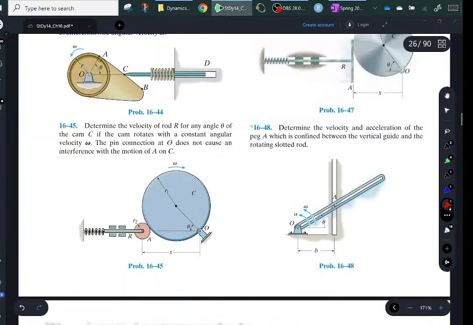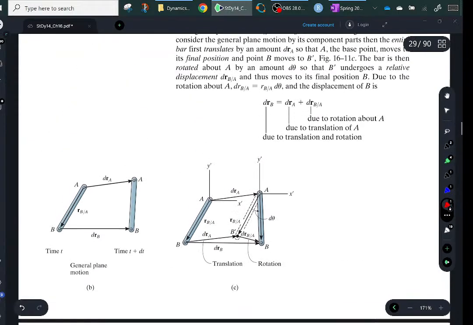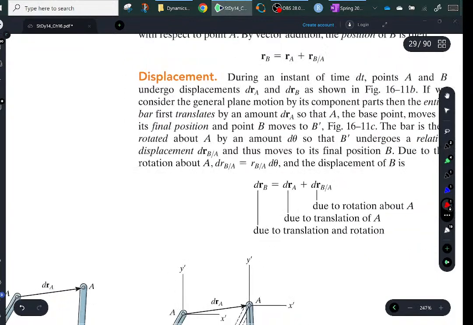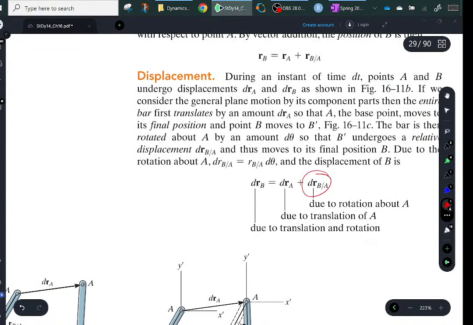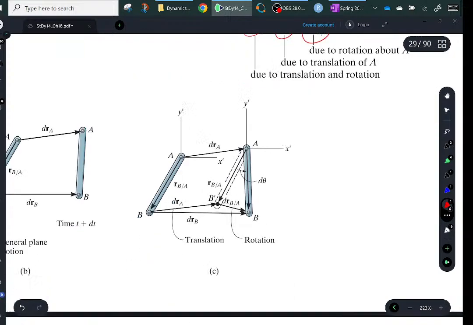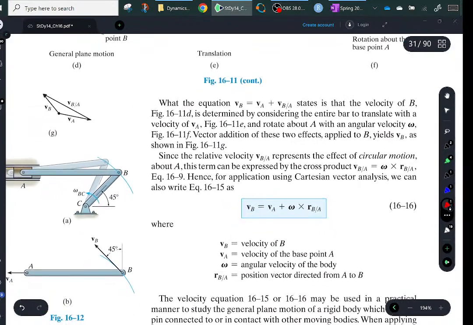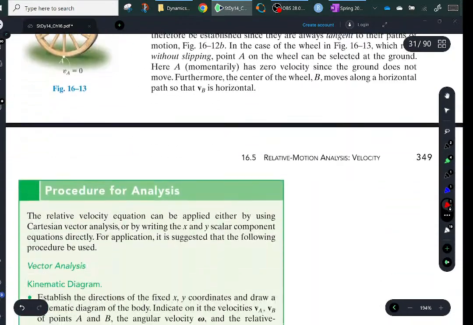Then we'll go into the instantaneous part of it, in which you look at the displacements, and there's a portion only due to rotation, and the others are not. They have both of them. The best thing to do is for me to use these equations and work a problem.